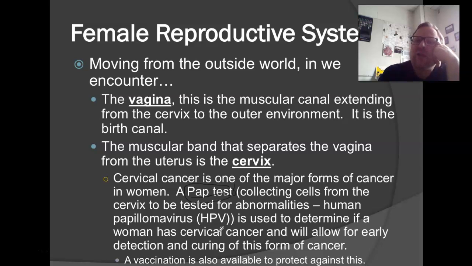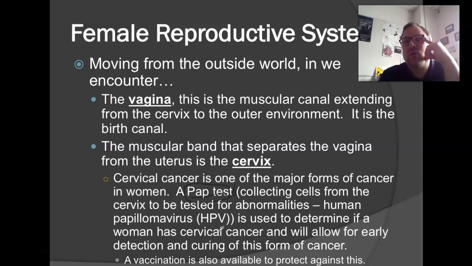We believe that HPV, this virus being present, is one of the precursors to the development of cervical cancer. And so often, and I'm sure most Canadian girls or young women have been vaccinated for HPV in order to protect them from the virus, which could lead to cervical cancer.